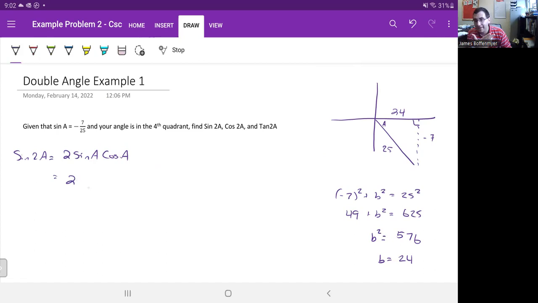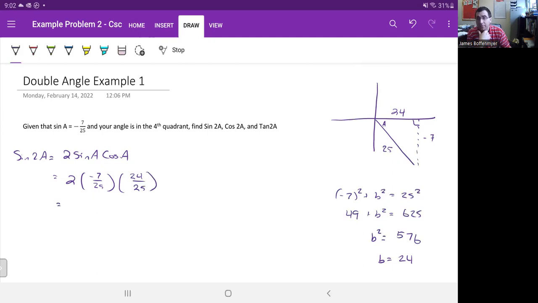I'm going to use the one that's given in the problem. So that would be 2 times negative 7/25 times the cosine value, which I have to go to my triangle for. That would be times adjacent over hypotenuse, which is 24 over 25.